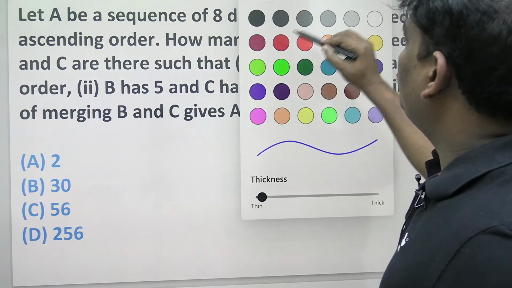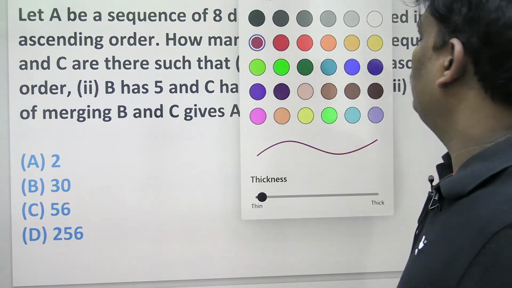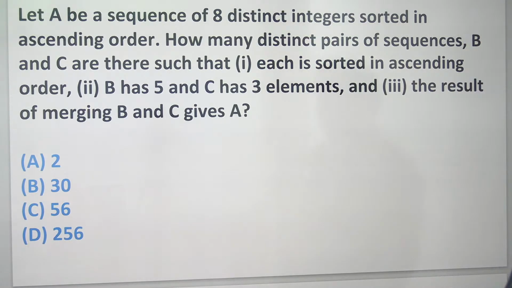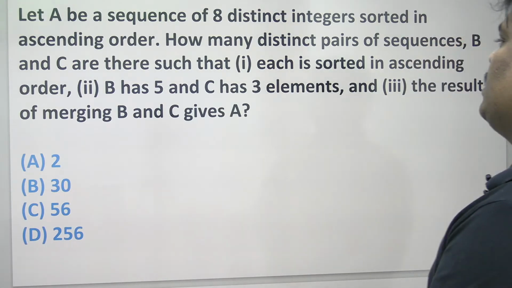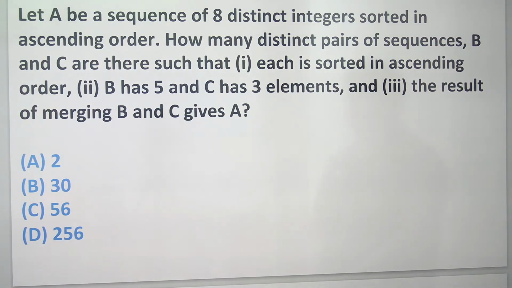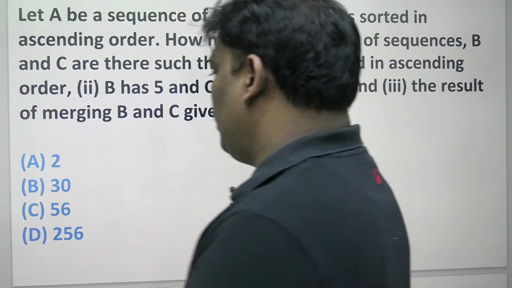So, can you try this problem? What will be the answer for this? Try once. Let A be a sequence of 8 distinct integers sorted in ascending order. How many distinct pairs of sequences B and C are there such that each is sorted in ascending order, B has 5 elements and C has 3 elements, and the result of merging B and C is A?